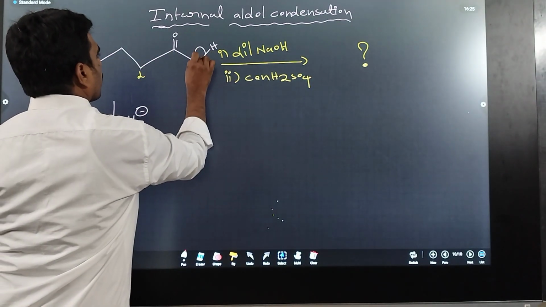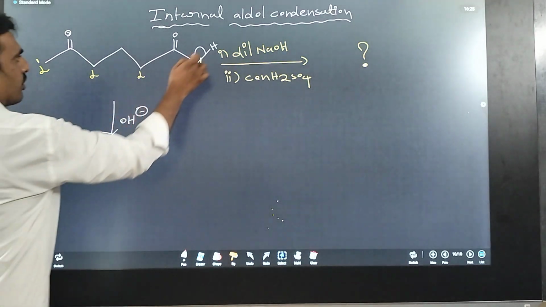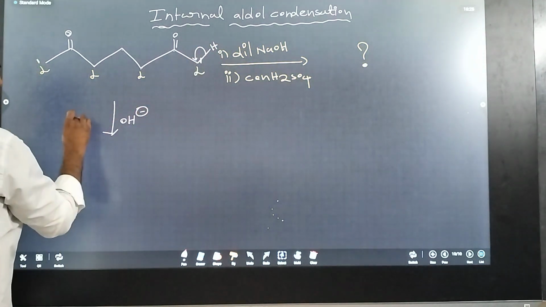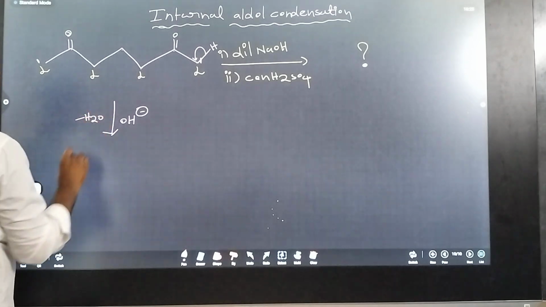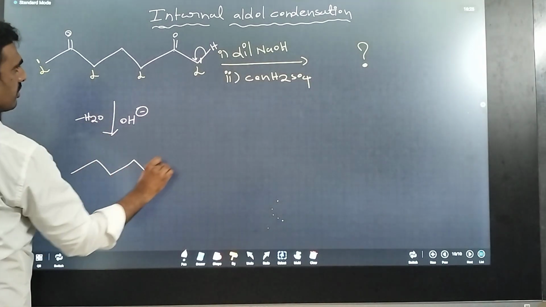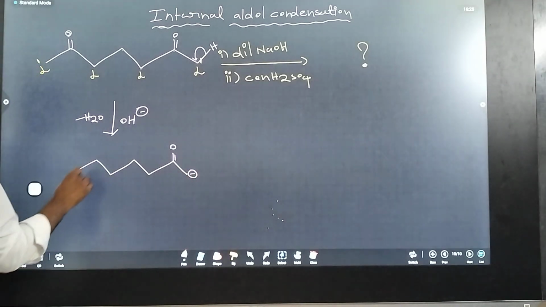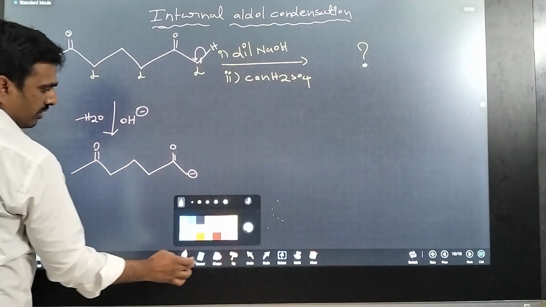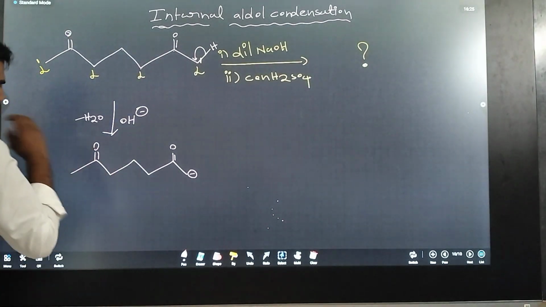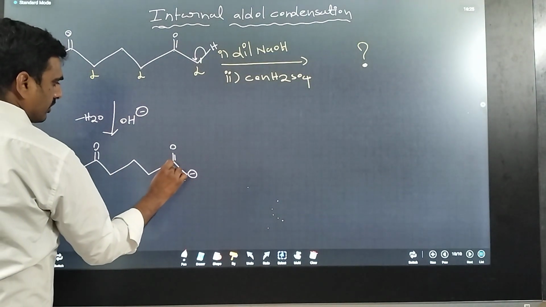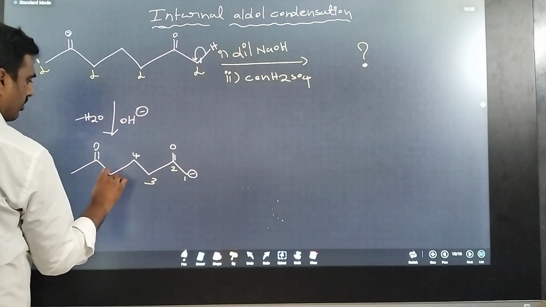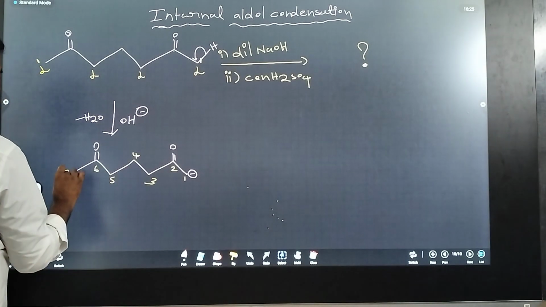So there is electron displacement towards this carbon. This H plus ion reacts with OH minus and is eliminated as a water molecule. So we get the minus. Suppose I write the numbering: 1 2 3 4 5 6 7.